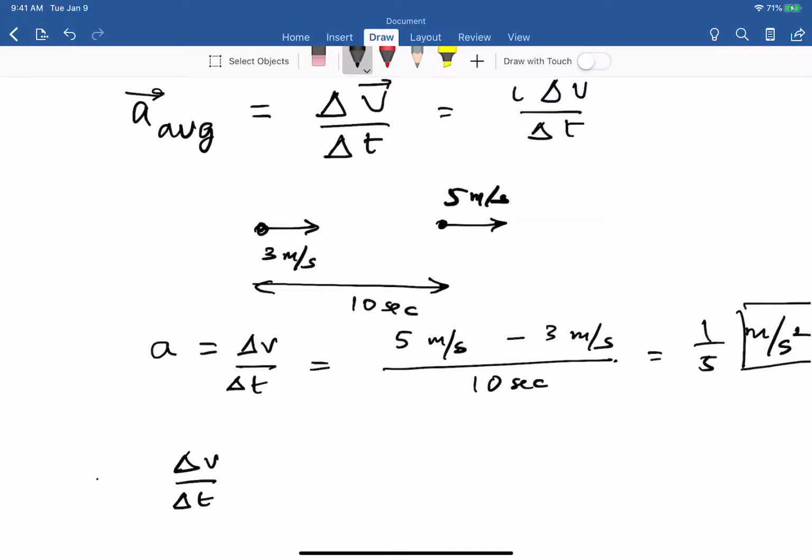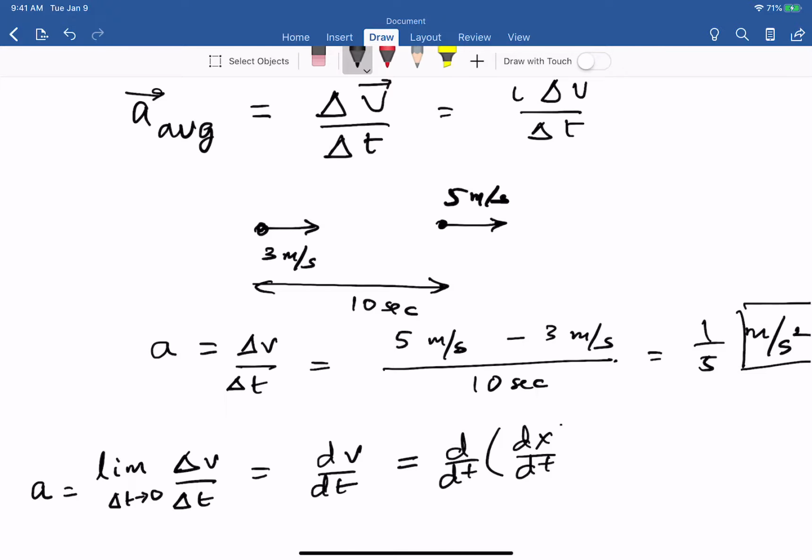In other words, the instantaneous acceleration is the limit as delta t tends to 0 of delta v divided by delta t, and this is nothing but dv/dt, the derivative of the velocity function. And you know that v itself is the derivative of the position function, so you can write this as d/dt of dx/dt, and this thing, as you know, is just d²x/dt², the second derivative of the position function.